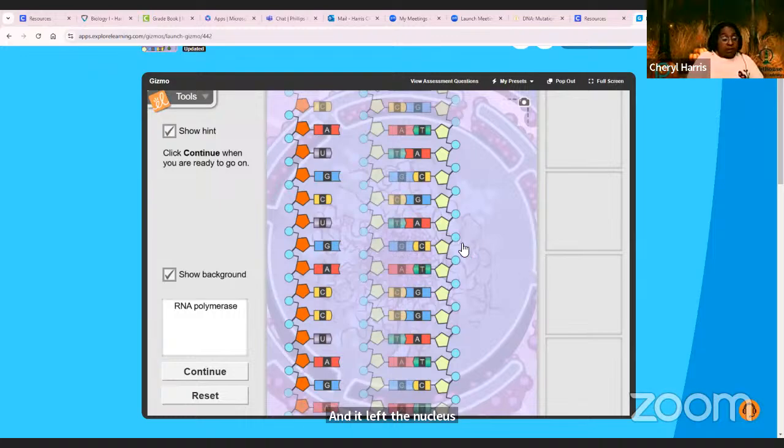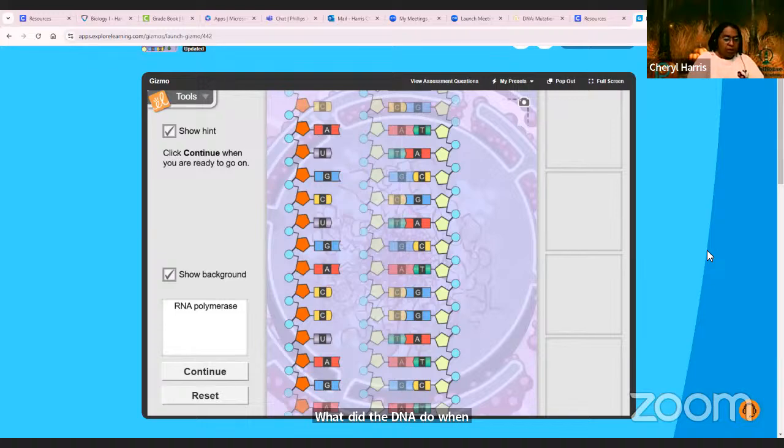What happened to the DNA that we were making it from? How would we describe what the DNA did as soon as it was finished making the RNA? What did the DNA do when it finished transcribing?